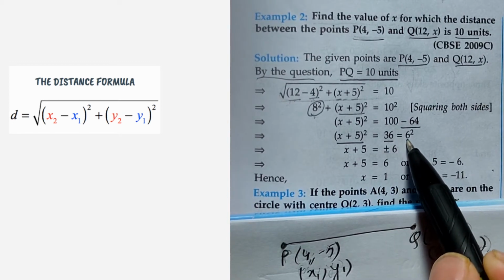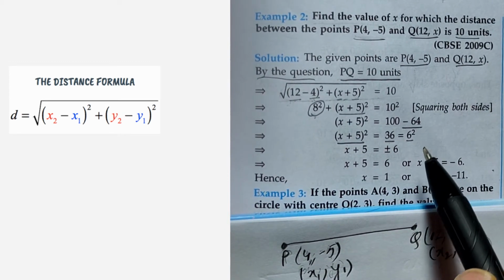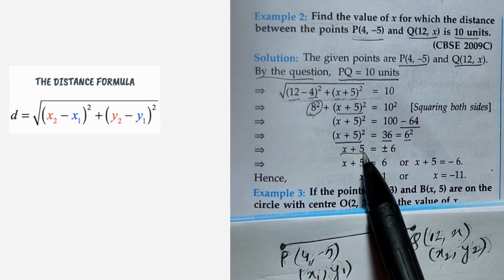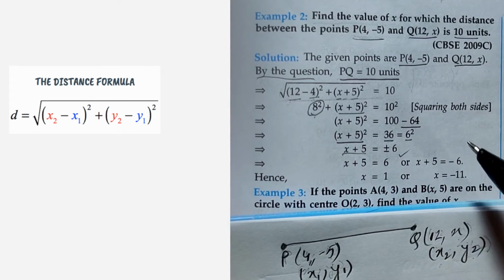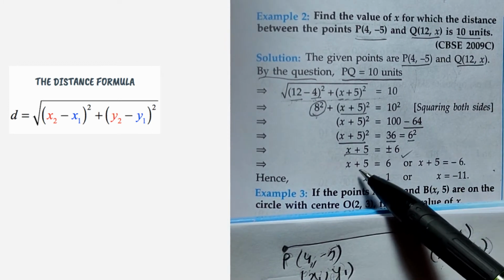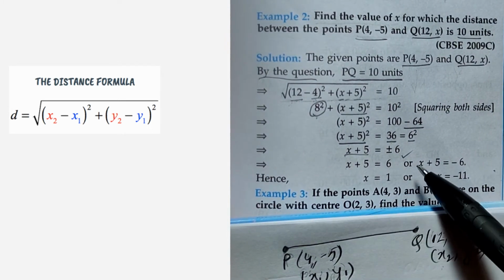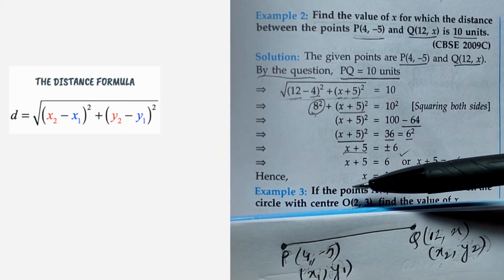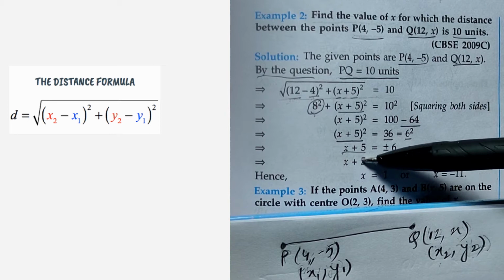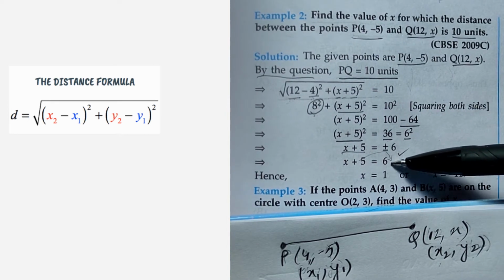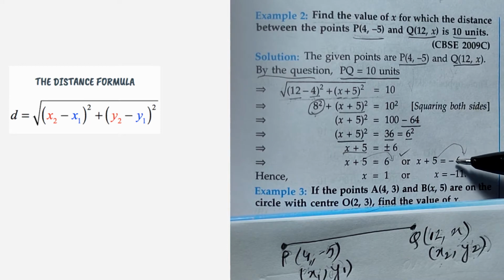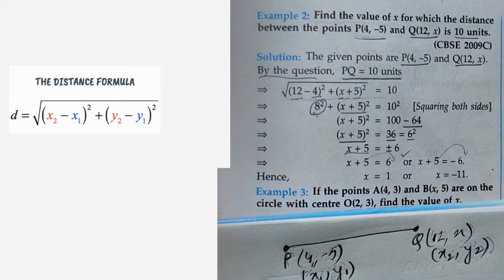Now 36 is equal to 6 squared. So taking the square root on both sides, we get x plus 5 is equal to plus or minus 6. So x plus 5 is equal to 6 or x plus 5 equals minus 6. Hence x is equal to 1, as 5 goes to this side, 6 minus 5 equals 1, and 5 goes to this side, minus 6 minus 5 is minus 11.